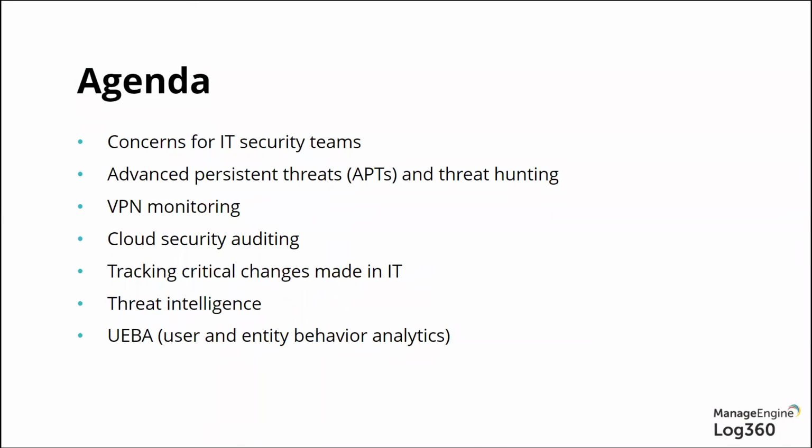Some of you may be, of course, familiar with this term, but we'll really go deep into what threat hunting is, and then tie it to the 5 cases that we want to talk about, including VPN monitoring, cloud security auditing, tracking critical changes made in IT, threat intelligence, and UEBA. Some of them are, of course, some of the more traditional use cases, and some have become especially important and have been highlighted during this pandemic, during the changing IT landscape.